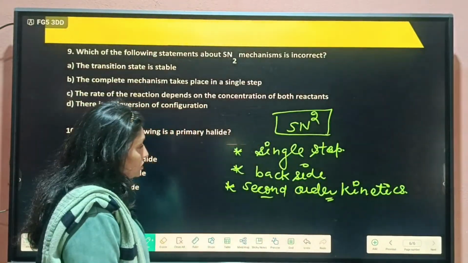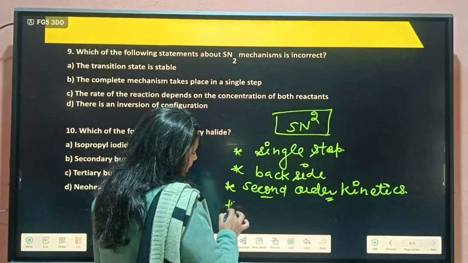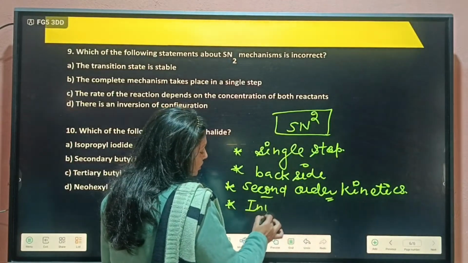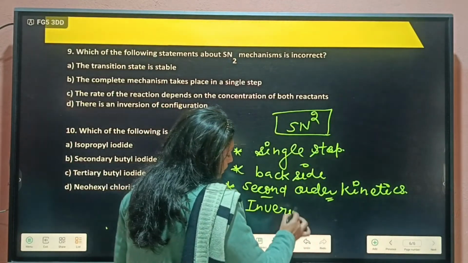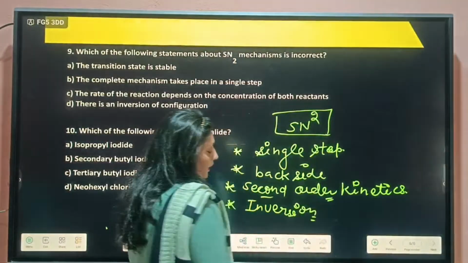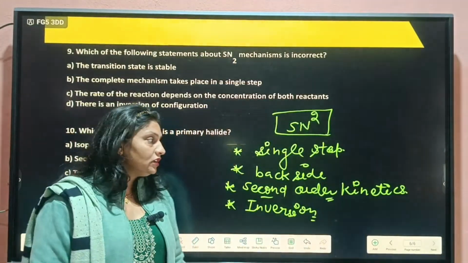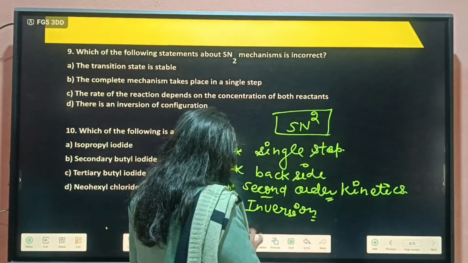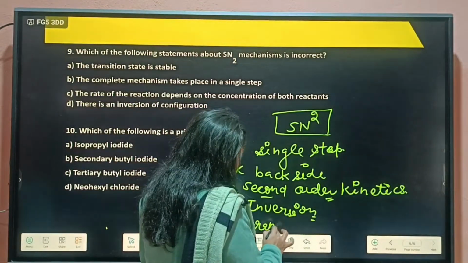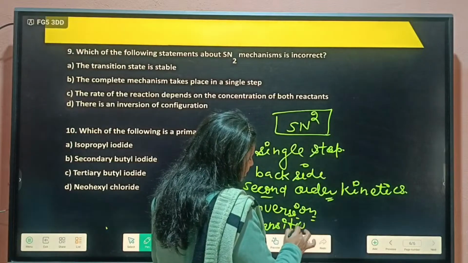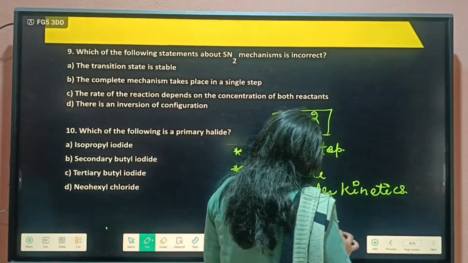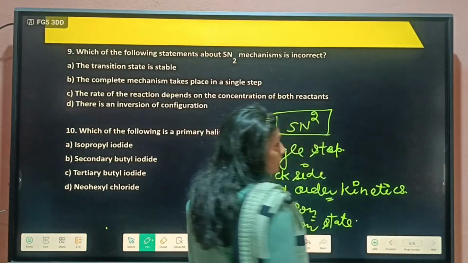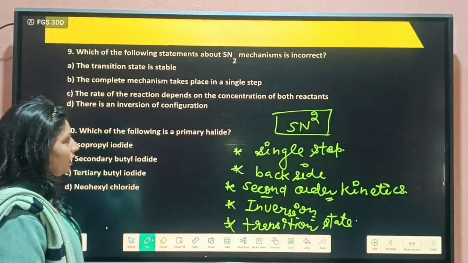The product will show inversion of configuration. The transition state will be formed as an intermediate. So these are the main points.